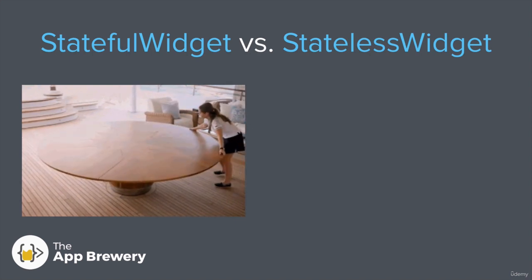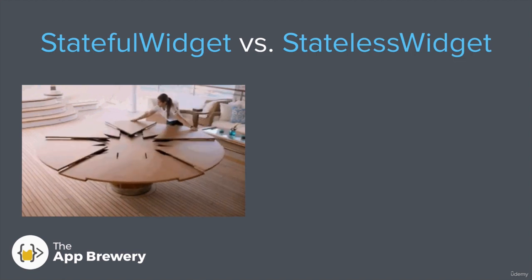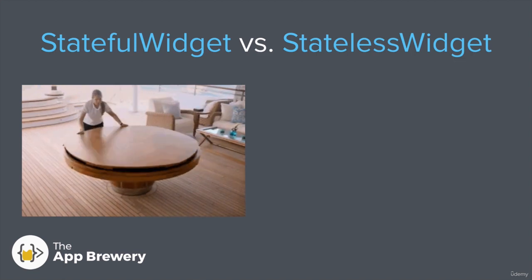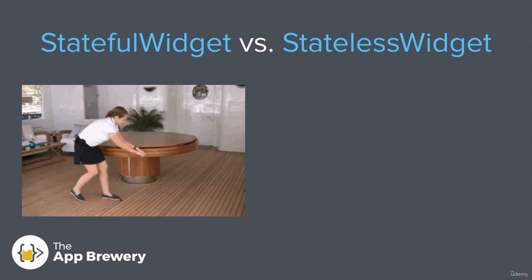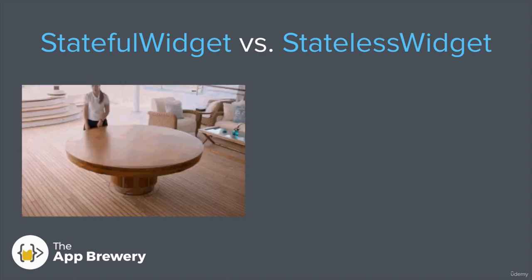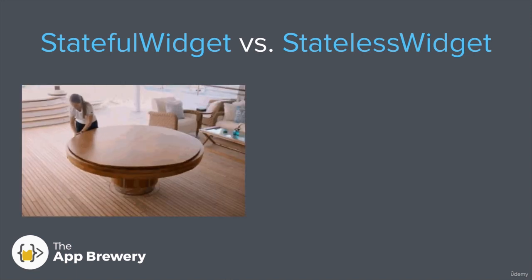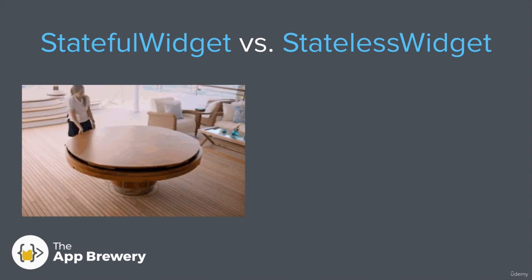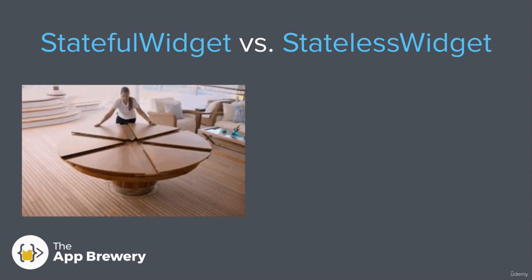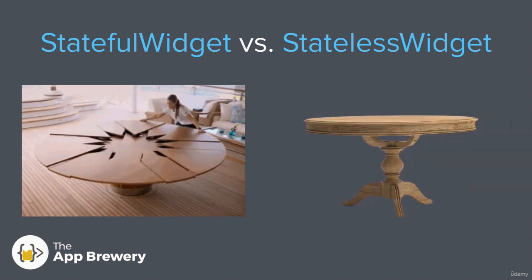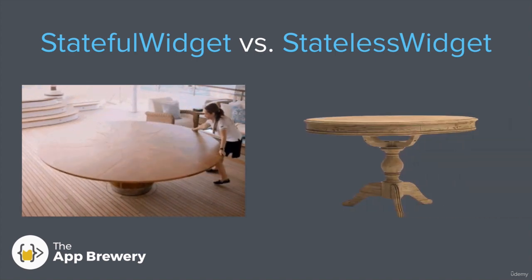Recently I've been coming across a lot of really addictive GIFs where there are all sorts of tables that seem to collapse and expand, and they do it in various crazy different ways. We can think of that as a stateful table, right? It can change and it can update, and we can change it at a moment's notice, depending on what we want. But a stateless widget is kind of just like a normal table.